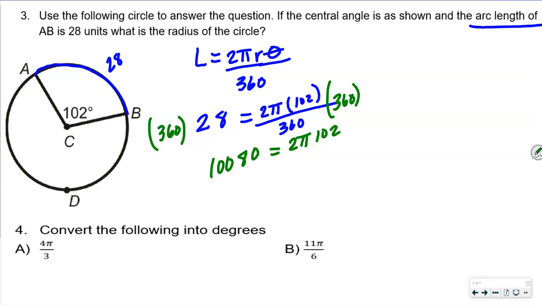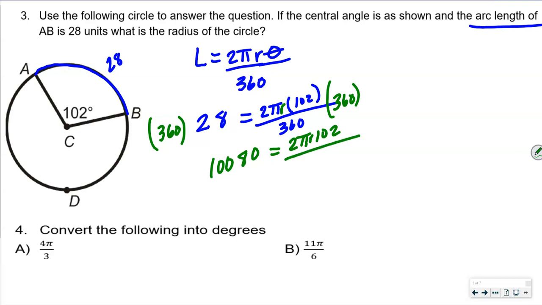Now I'm going to go ahead and multiply the 2 times the 102 because this is going to end up being what? Where did my R go, y'all? Oh, I never wrote it. The R goes there, right? R goes there. Yep.